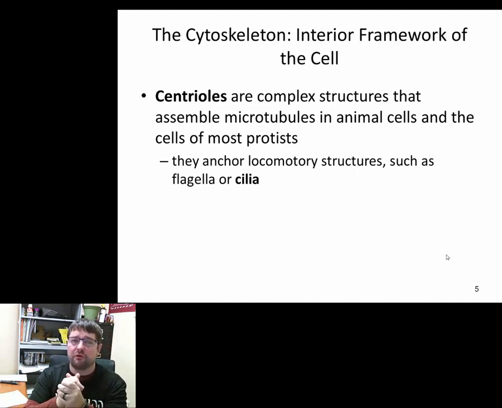Centrioles also are the place where cells like protista and animal cells that have the ability to move, either by a flagella or cilia, attach that tail-like structure.